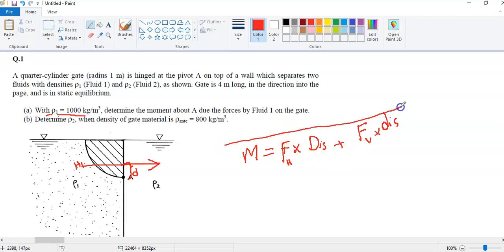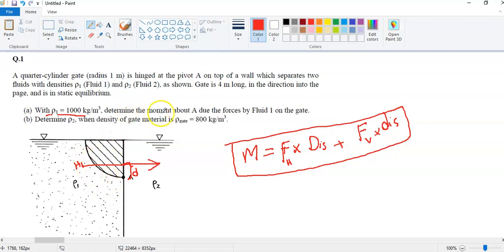We will discuss this later on. So if we want to calculate the moment about A, this point, due to the force by fluid 1, this fluid puts some horizontal force. We have vertical force as well because this is a curved surface.